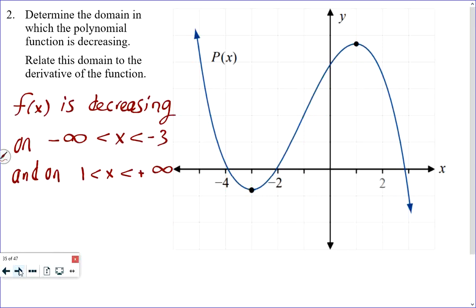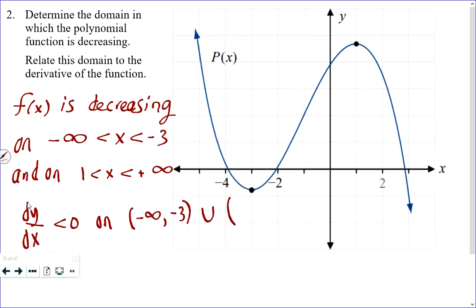Similarly, we could do the same thing here: dy dx, the derivative of the function with respect to x, will be negative on, I'm just going to use a different notation here, the interval from negative infinity to negative 3, not including negative 3. And of course, not including negative infinity, because you'll never get there. And also on the interval from 1 to infinity, but of course not including 1.